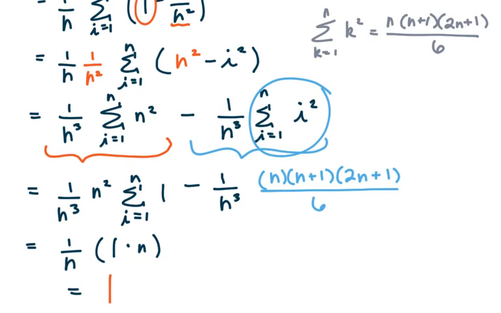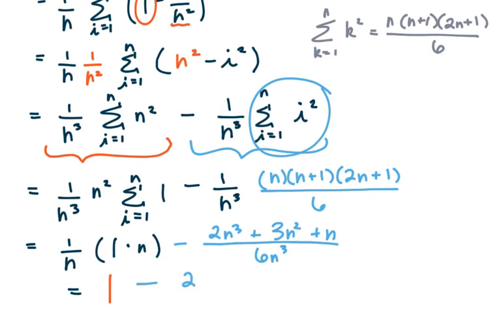So if I FOIL in the numerator and distribute that n cubed into the denominator, I've got minus 2n cubed plus 3n squared plus n over 6n cubed. And I can simplify this if I divide all of my terms in the numerator by n cubed.